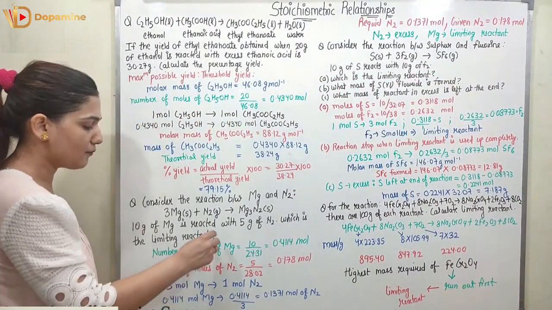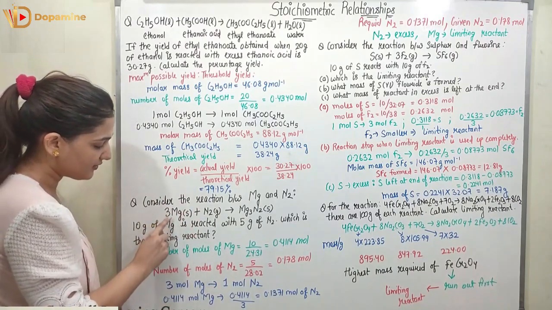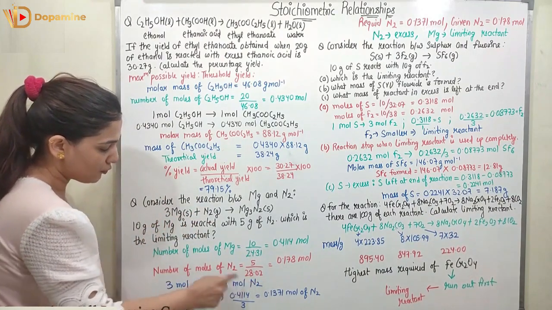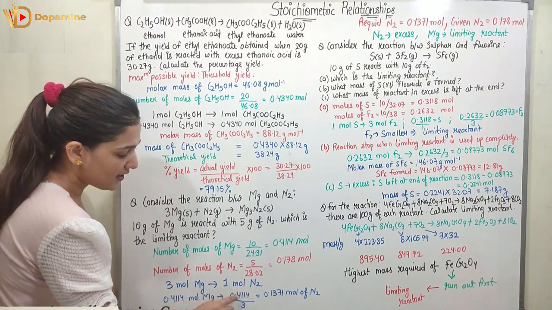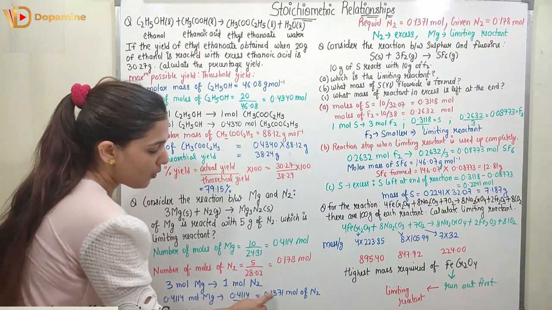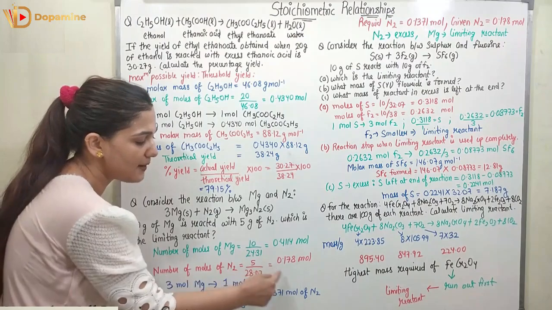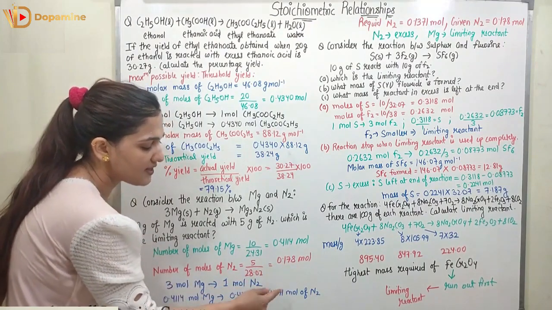Now I know the moles of magnesium and the moles of nitrogen. From the reaction, it is clear that 3 moles of magnesium are going to react with 1 mole of nitrogen. If I have 0.4114 mole of magnesium, it is going to react with 0.4114 upon 3, that is 0.1371 mole of nitrogen. But how many moles of nitrogen are present? 0.178. How much is required? 0.1371.